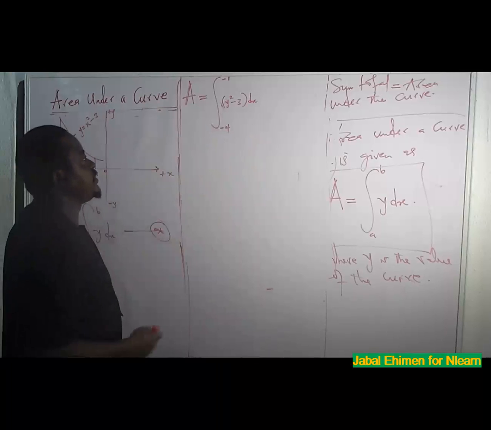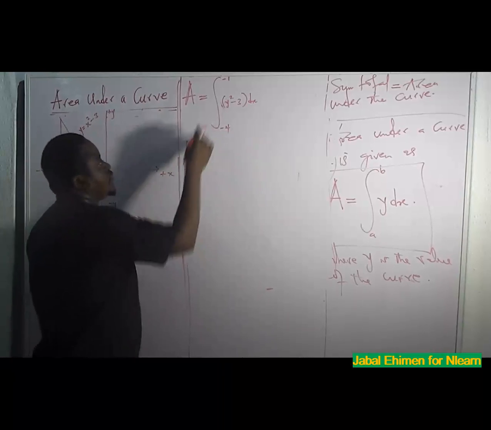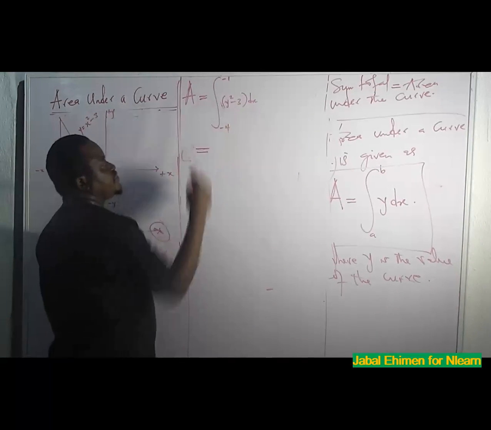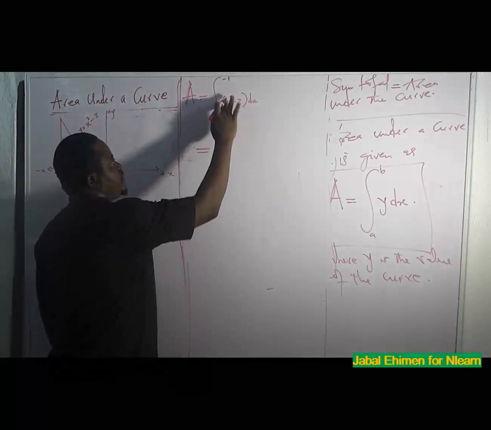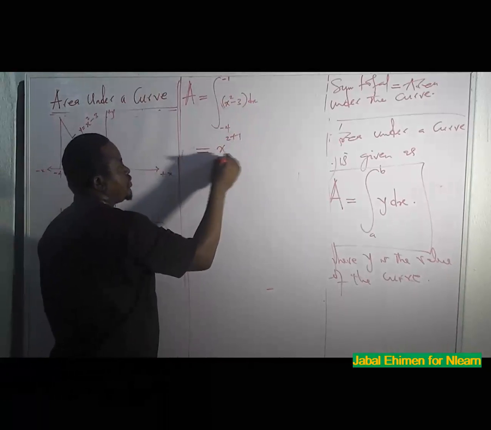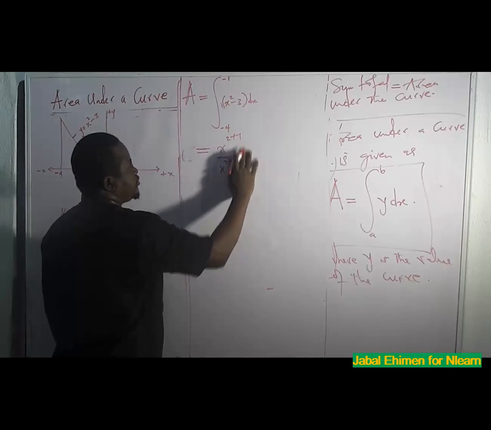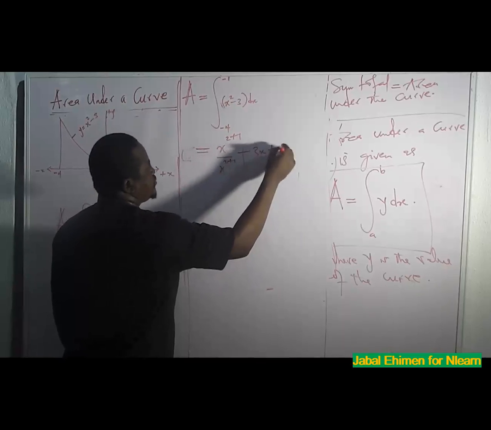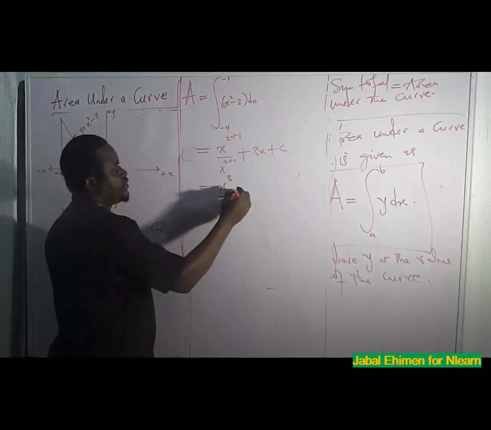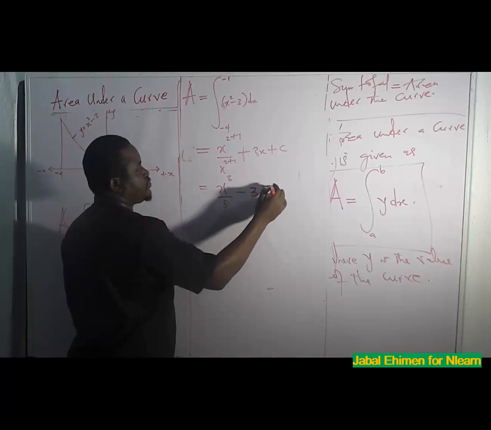So automatically, my area now becomes whatever I get from this place. If I integrate this, integrating this will give me, this is the value of x, x to the power 2 plus 1 over 2 plus 1, minus 3x plus c. So that gives me x cubed over 3 minus 3x plus c.